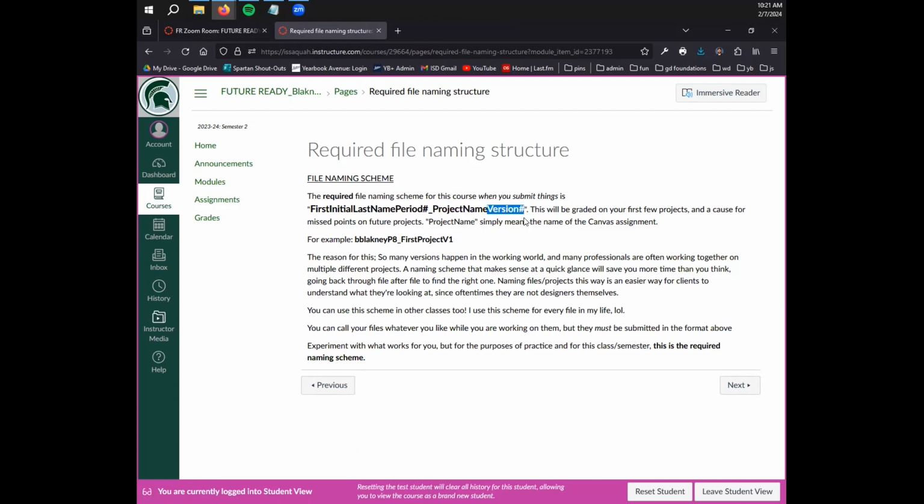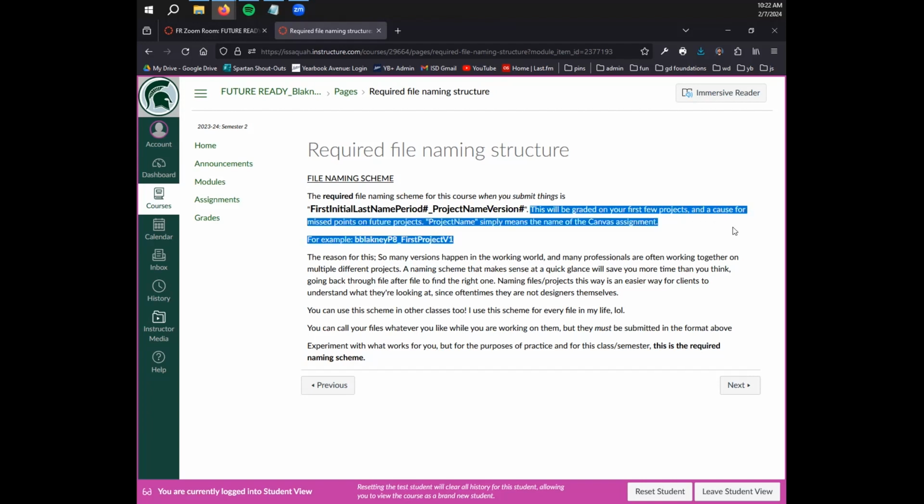And then I borrowed this from graphic design, which we're doing a lot more, the version number. This is not really necessarily required for Future Ready, but it is just kind of an important little piece of file information to keep on your stuff when you're submitting.